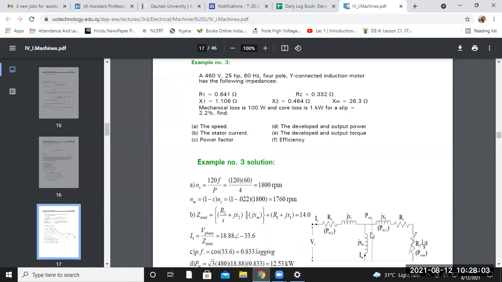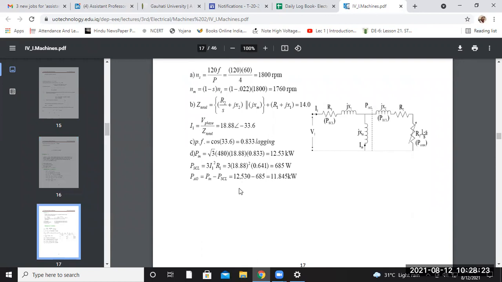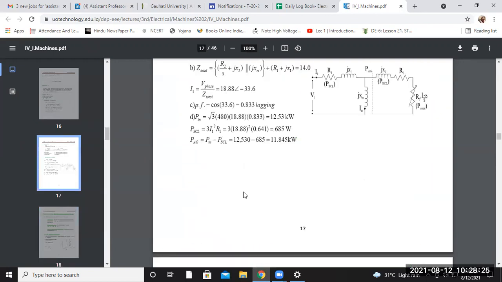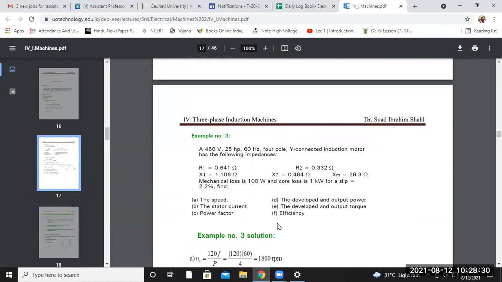Using circuit theory, find Z total, and from it the input current I1. Using the same concept, you can find the different parameters. All of you must go through this numerical so that you can easily understand the basic concept. Thank you for today's class. Thank you very much.